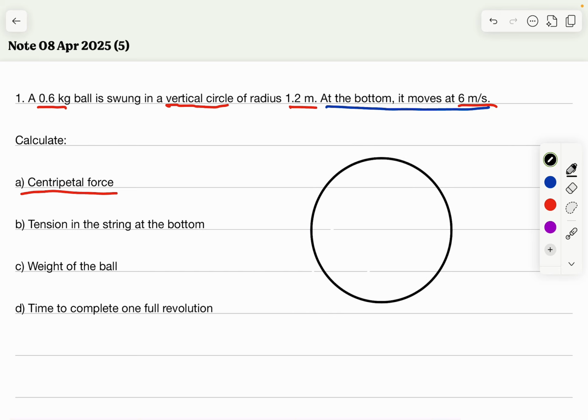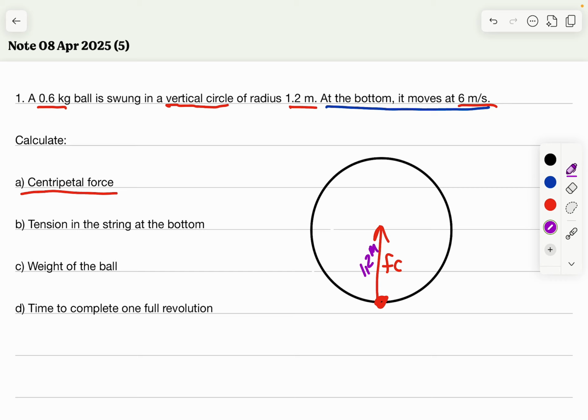And then they are telling us a ball swinging on a vertical circle, and they told us it is swinging at the bottom here. And this is our centripetal force. And then they say the radius is 1.2 meters.